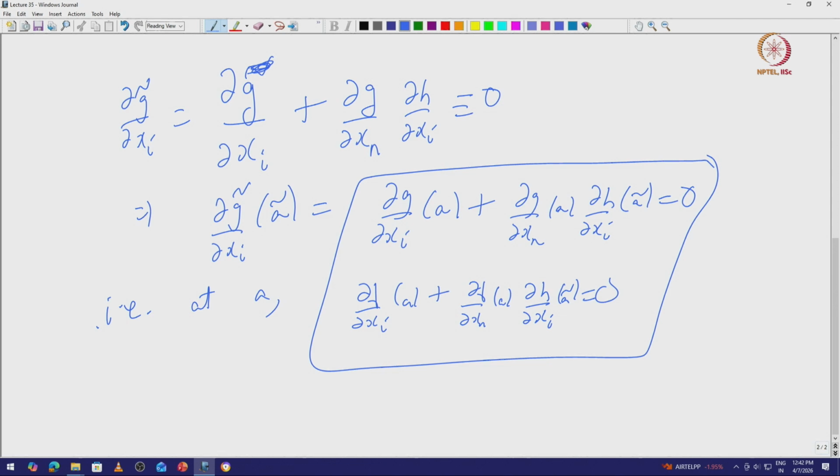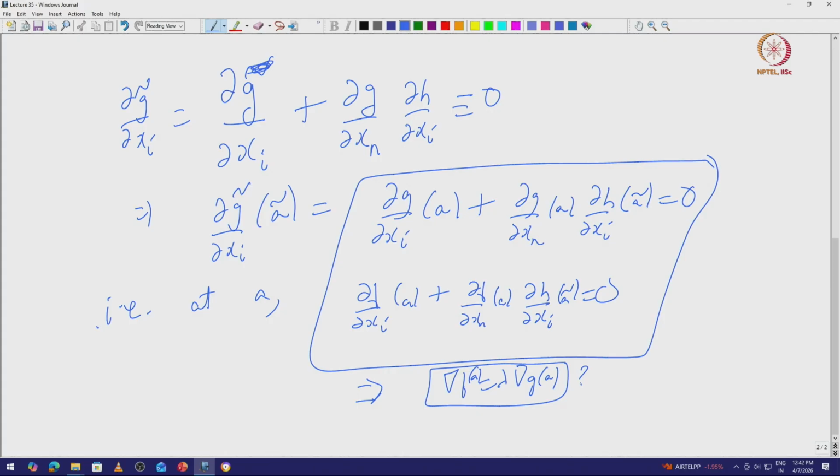So from this, the claim is, we can conclude that the gradient of f is lambda times the gradient of g at the point A.